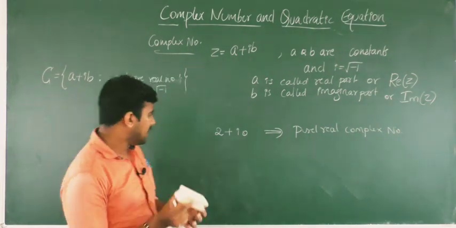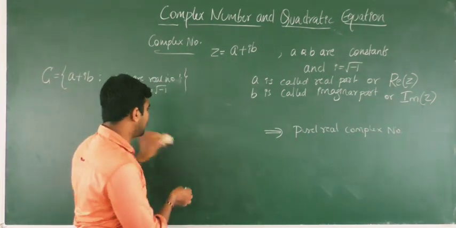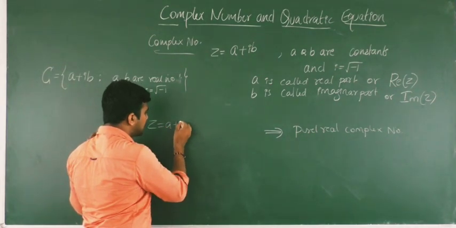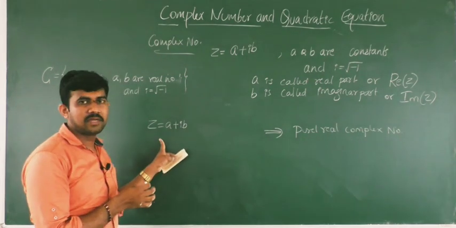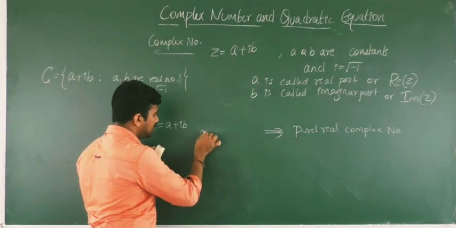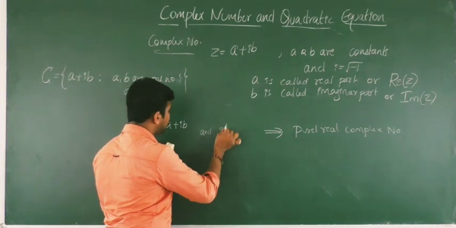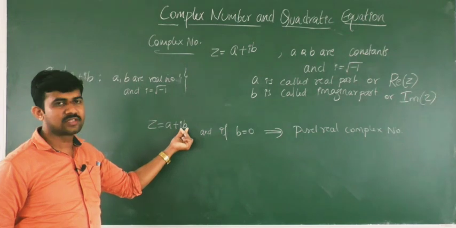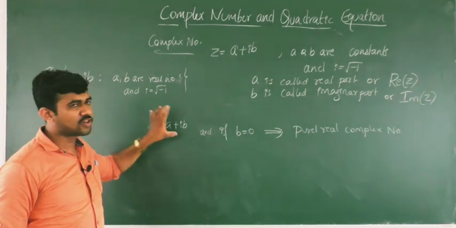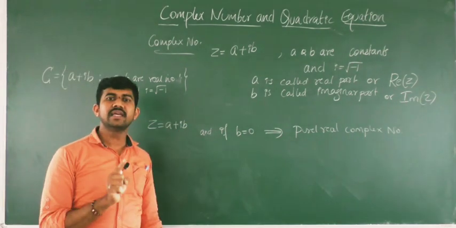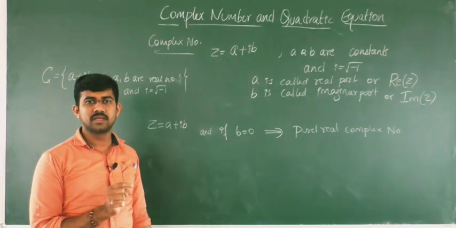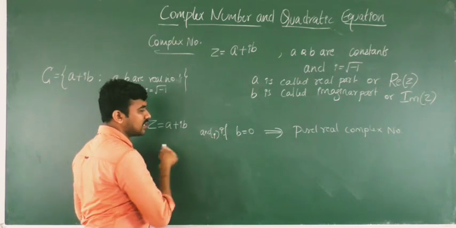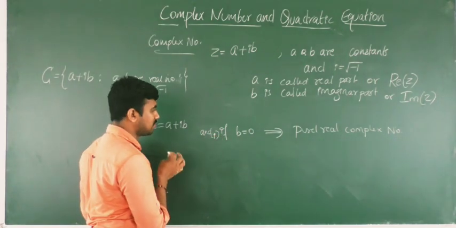In general, if you consider any complex number z = a + ib, and b is equal to 0, then this complex number becomes a purely real complex number. This is the first case.